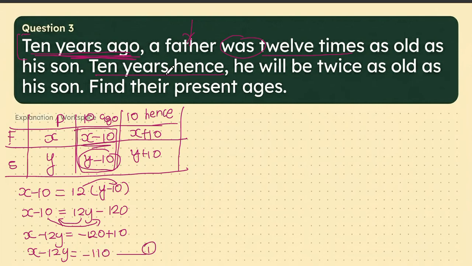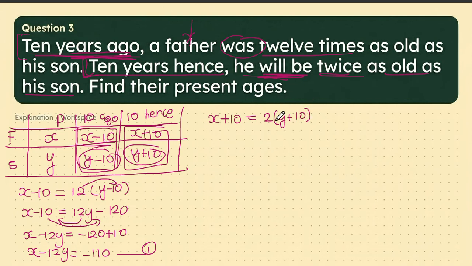Now the second condition, 10 years hence. So 10 years hence means these ages, x plus 10 and y plus 10, we now have to consider. So 10 years hence he will be, he means his father. So x plus 10 will be, means is equal to, twice means 2 multiplied by, as old as his son. So his son is y plus 10.